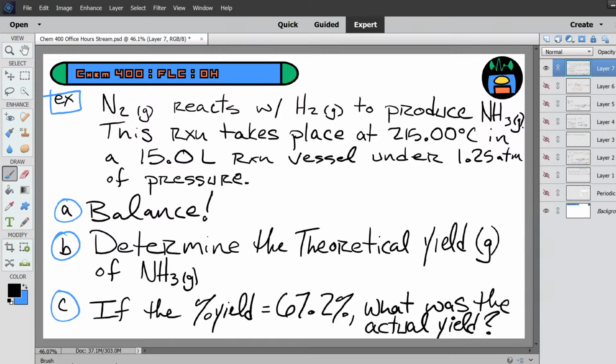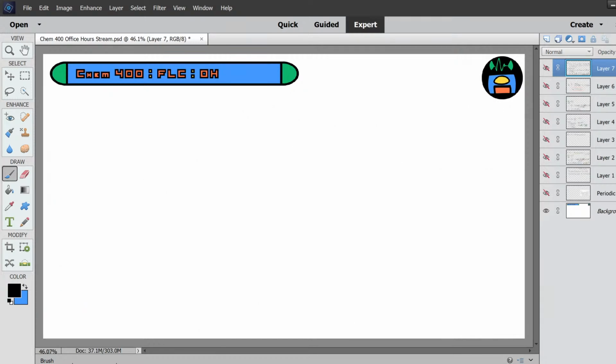All right. So, let's start with part A. Let's write a balanced chemical equation for this reaction. We have nitrogen gas reacting with hydrogen gas to produce ammonia.